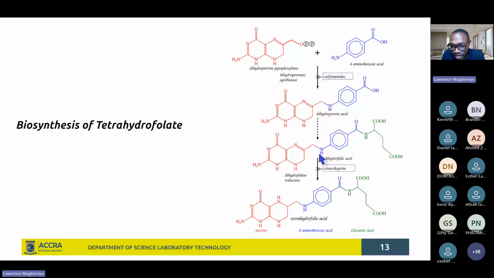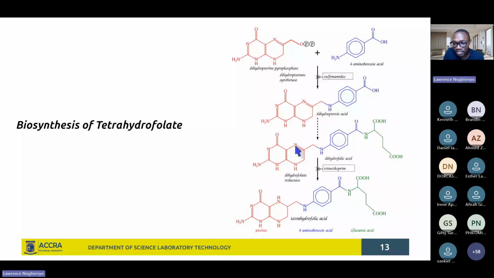Now, the next reaction is some form of reduction of that molecule. Let's pay attention. What is the difference between this dihydrofolic acid and the end product, which is the tetrahydrofolic acid? You have to pay attention to see that. In the dihydrofolic acid, look at this nitrogen there.